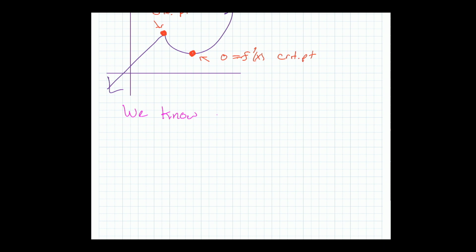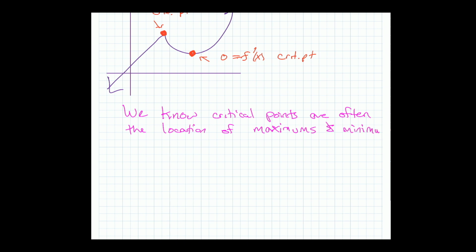So we know critical points are often, not always, but often the location of maximums and minimums, typically local extrema. Okay, so we already know that.